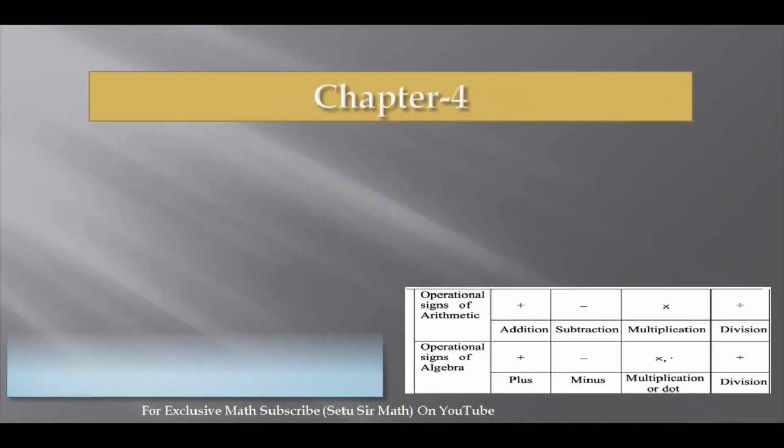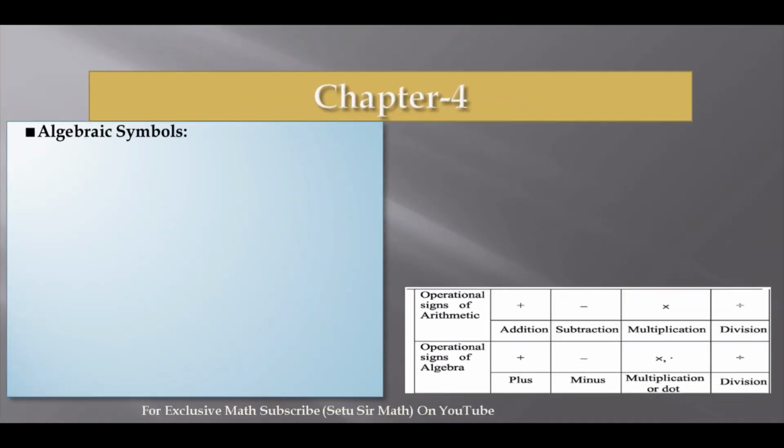Chapter 4, Algebraic Symbols. The numerals or digits used in algebra are 1, 2, 3, 4, 5, 6, 7, 8, 9, 0.